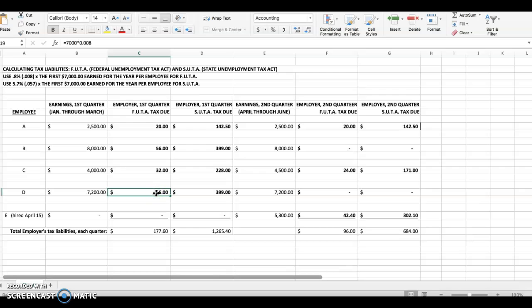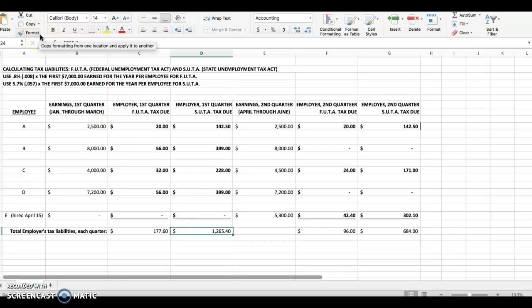So once again, 7,000 times 0.008, 7,000 times 0.057. Employee E was not hired yet, so obviously that doesn't factor in. The totals down here we will be using later on when we get back to our journal and our ledger. So we're not going to worry about the totals at this point, but they will be important later on.